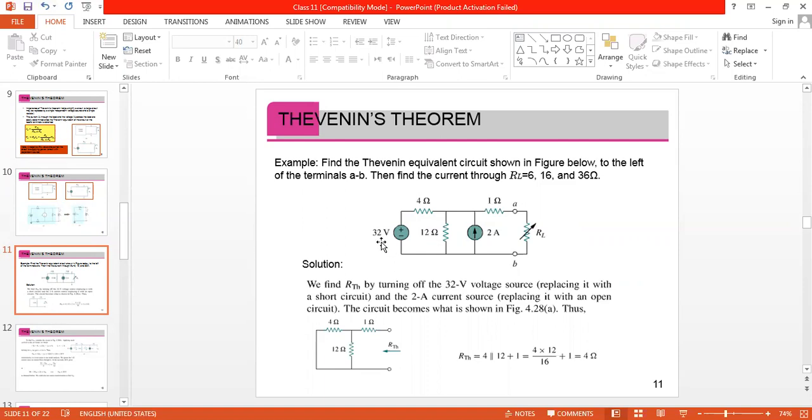That voltage source we term the Thevenin voltage and that resistor we term the Thevenin resistance. So in this theorem, we will solve such a circuit and simplify the whole circuit into one voltage source with one resistor in series with it.